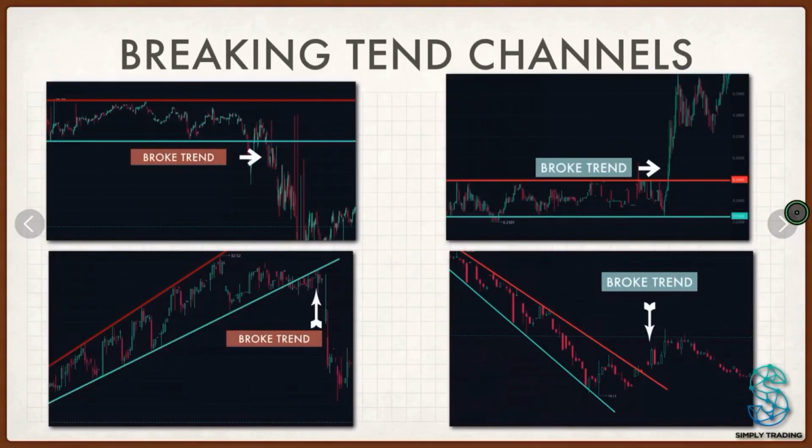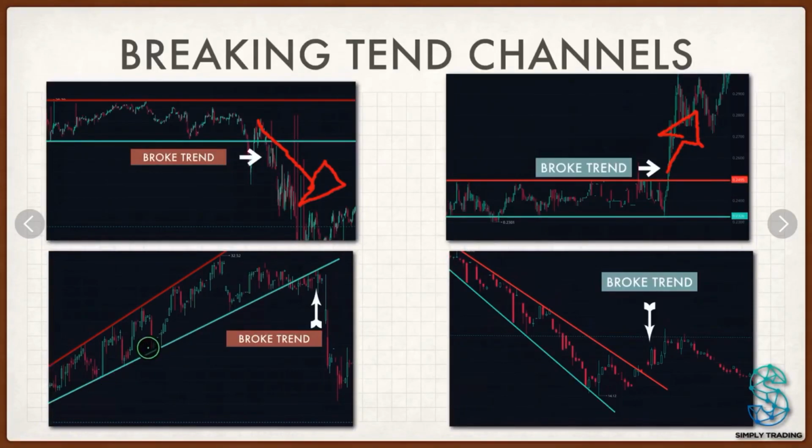All right, here are some examples of trends breaking. Okay, we have a price breaking our trend. Right here we can see the price breaks the trend and it goes down. This is from a consolidating market. Now also in a consolidating market, we can see this price break up in an upward direction, confirming to us a new trend.